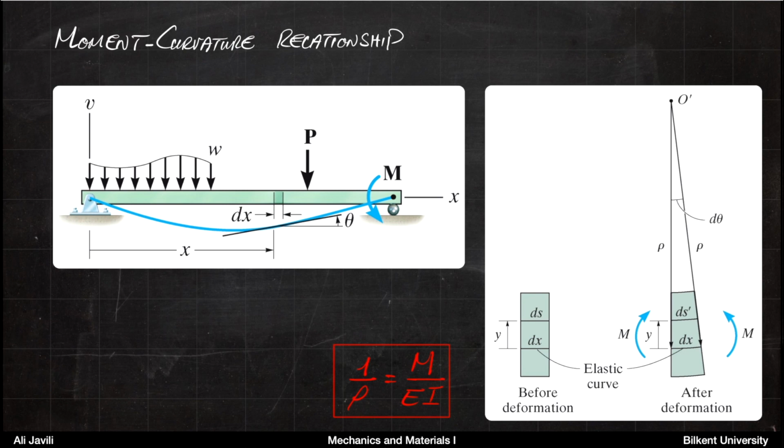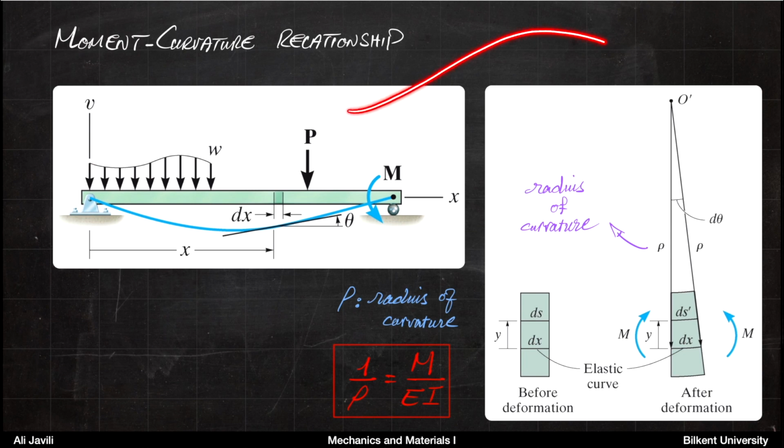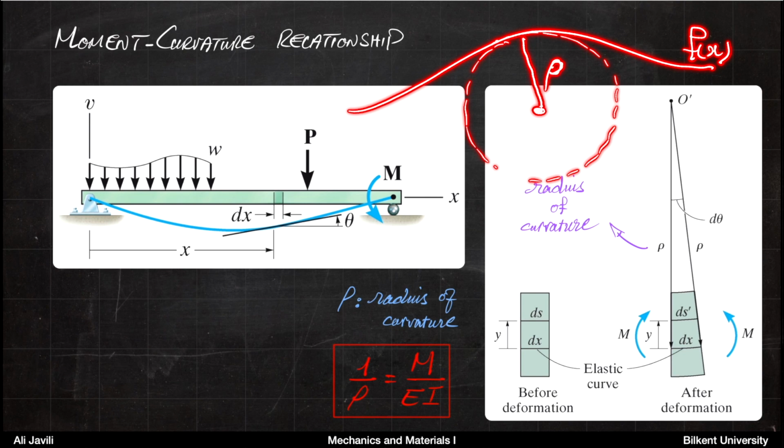What we need to do is to relate that also clearly to deflection and the distance from the support, or x coordinate. So in order to do that, we need to use our mathematics knowledge and the definition of the radius of curvature. So if you have a function, let's say f as a function of x, and if you could fit a circle here at that point, the radius of that circle is your radius of curvature.